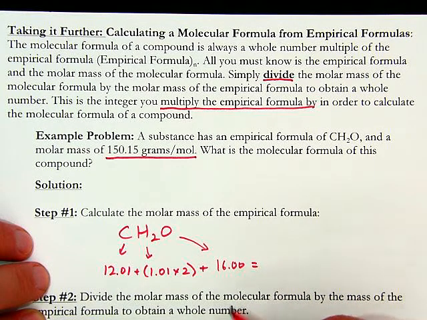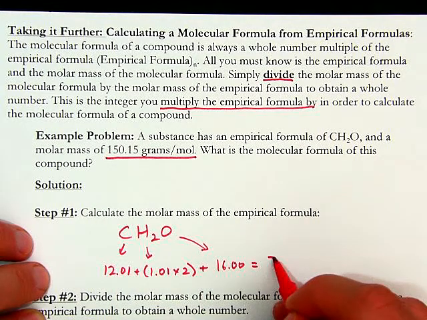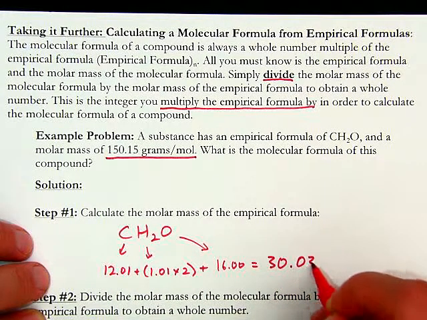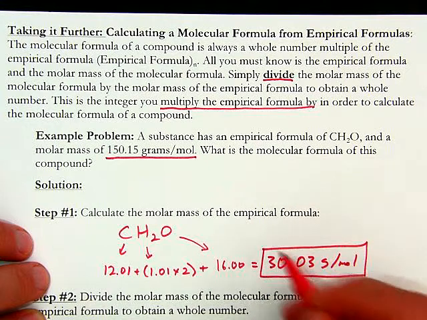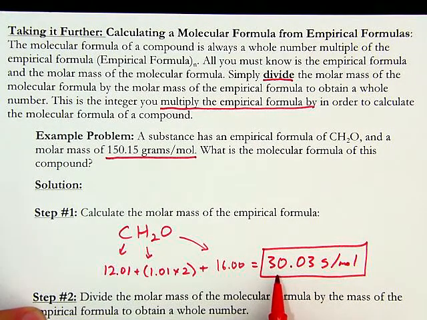So, if we add these all together, 1.01 times 2 is 2.02, plus this, that's 14.03, plus 16 gives you 30.03 grams per mole.